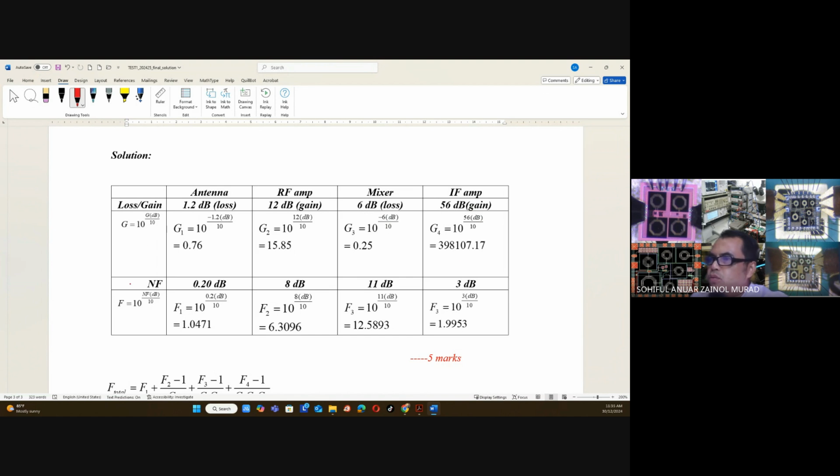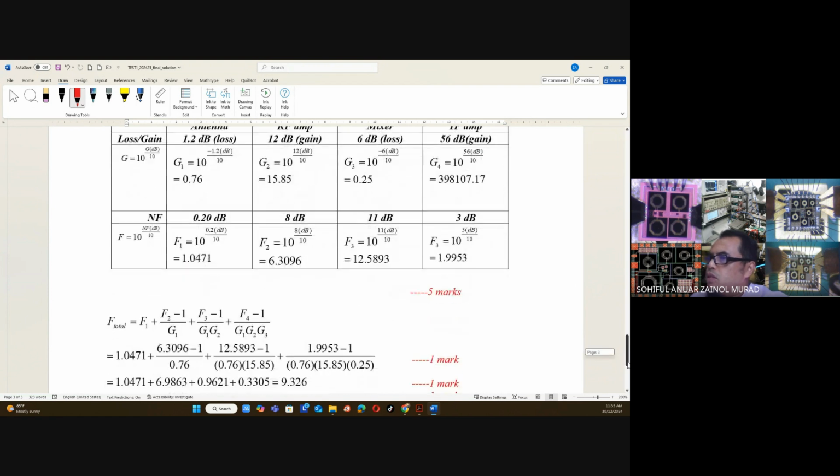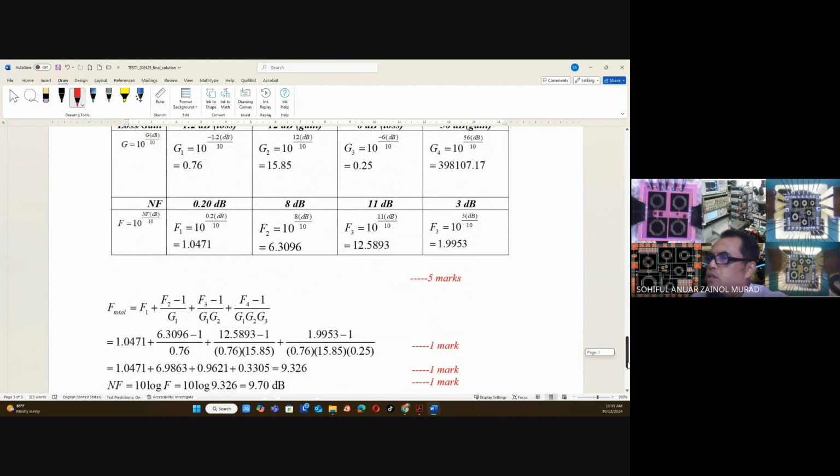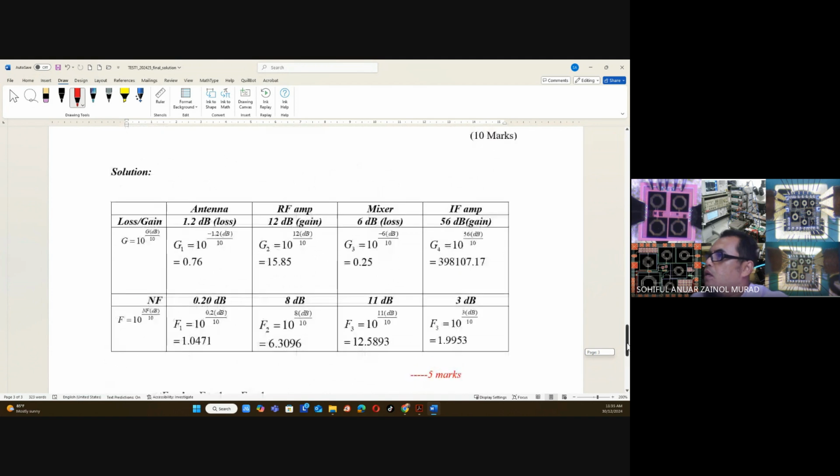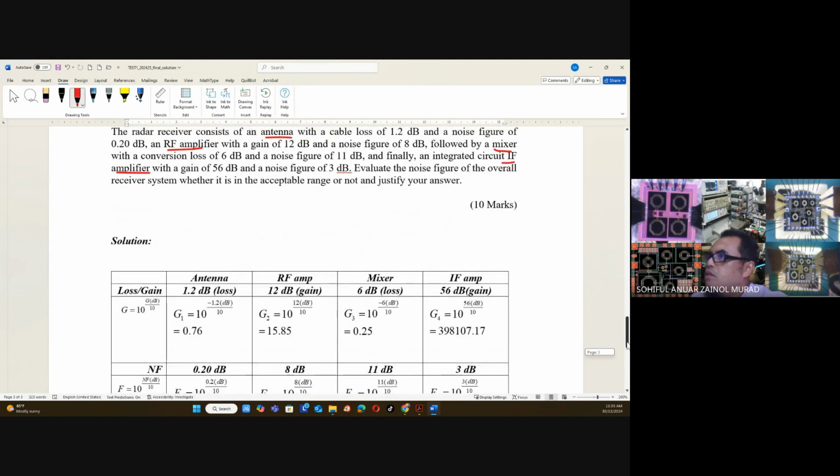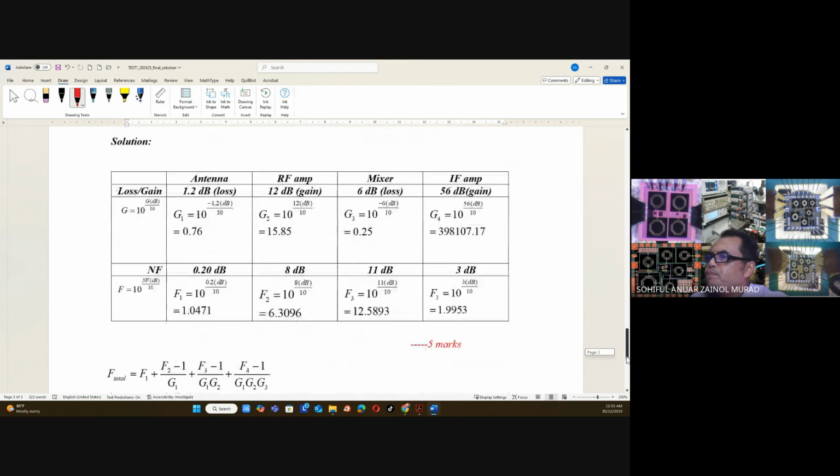Next we need to calculate the noise figure using this equation. The noise figure is given for all the circuits. So we substitute into this equation, then we get the value. After we get the values, we need to calculate the total overall noise figure.